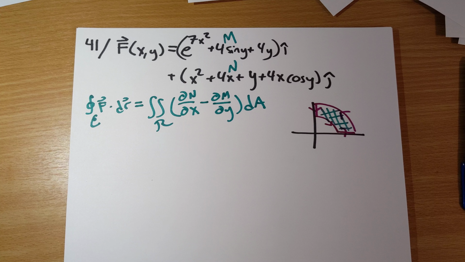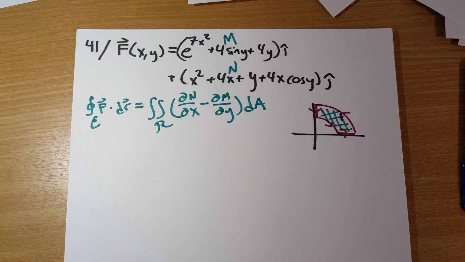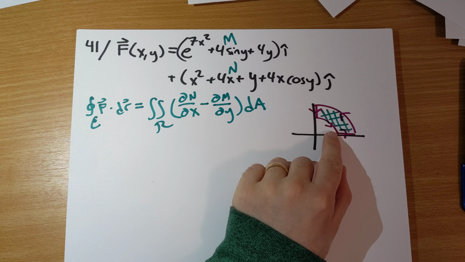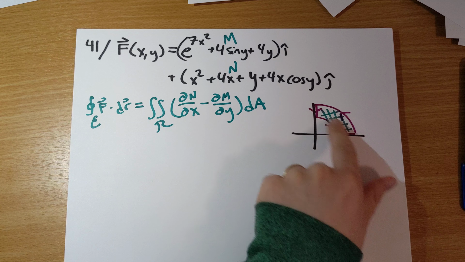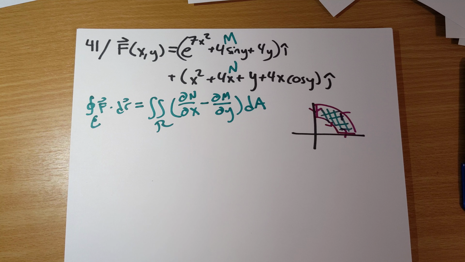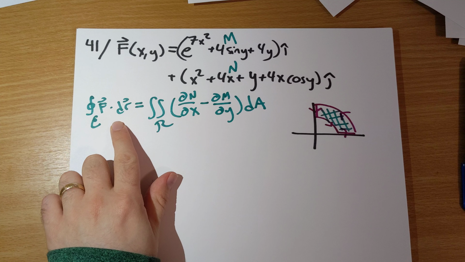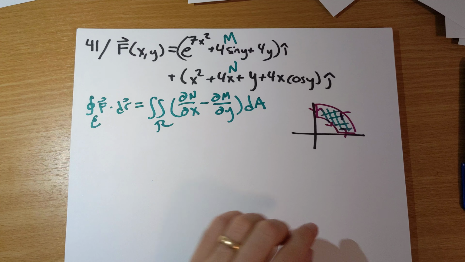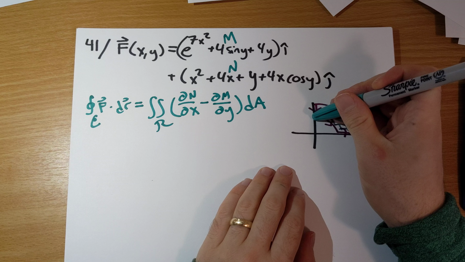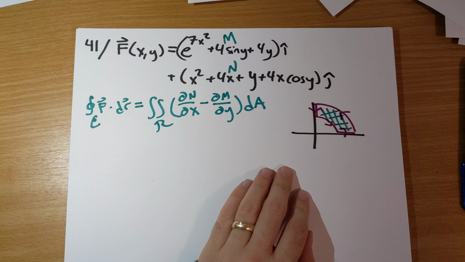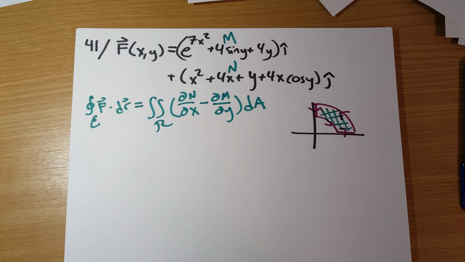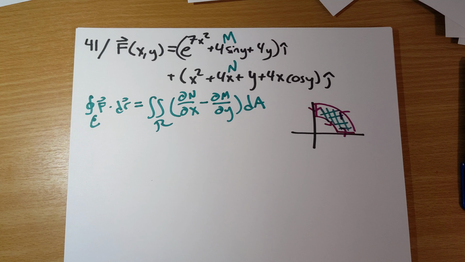And as it turns out, it's going to be easier for us to compute the double integral on the interior of the macaroni shaped region than it would be to compute the circulation. The circulation will require us to do 1, 2, 3, 4 separate line integrals, and some of those line integrals could be nasty. This is going to be easier.